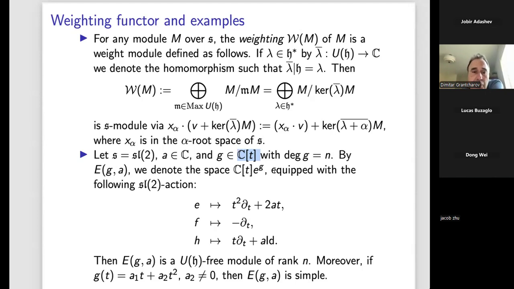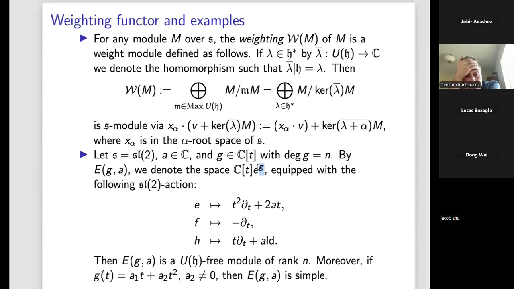But if we use exponential, and now this E is certainly not this E, this is like exponential of G. This is a non-weight module. In fact, it is a free module. And if G is a polynomial of one variable, degree n, this will lead to a free module of rank n.